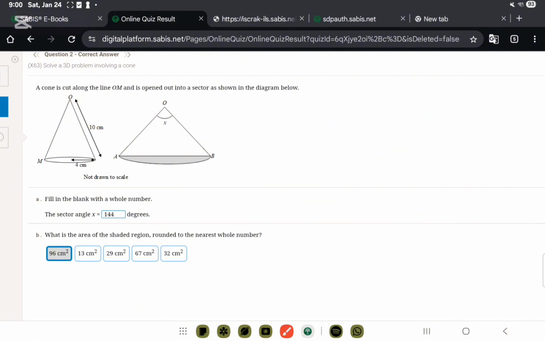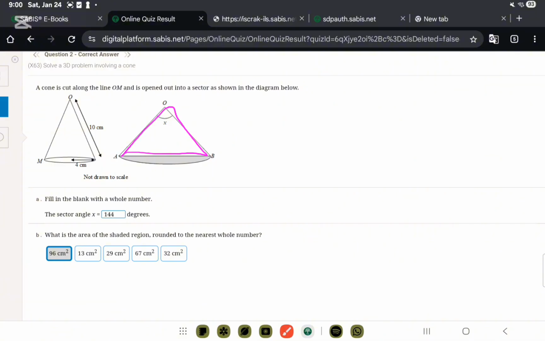Now we need to find part B. What can you notice instantly? If you exclude the arc, you get a triangle. So we want to find the area of the sector.